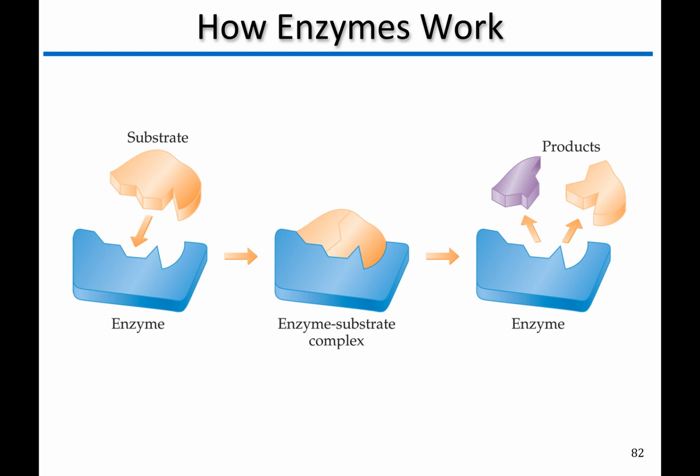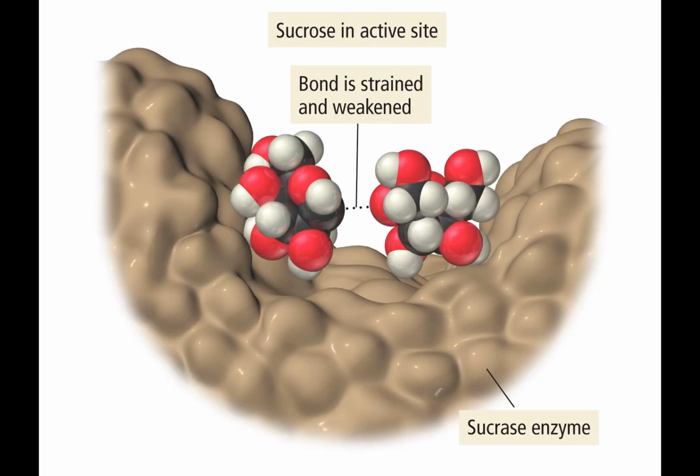So sometimes these are good to picture as this type of system where we have the enzyme, and when you get more into biochem, you'll study this a lot more, where we have the substrate, which is the thing being worked on, and the enzyme, the thing doing the work. So it comes in, it can bind, and they refer to this often as a lock and key mechanism where only certain substrates can fit certain enzymes. Okay, so they come in, some reaction occurs here, bonds are broken, and then they both leave as the products. Okay, so that's just the very extreme basics of how an enzyme works.